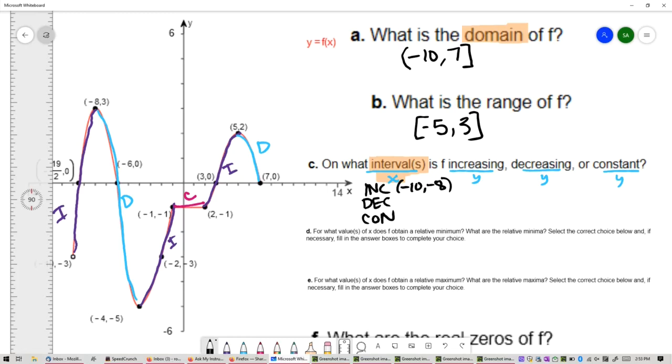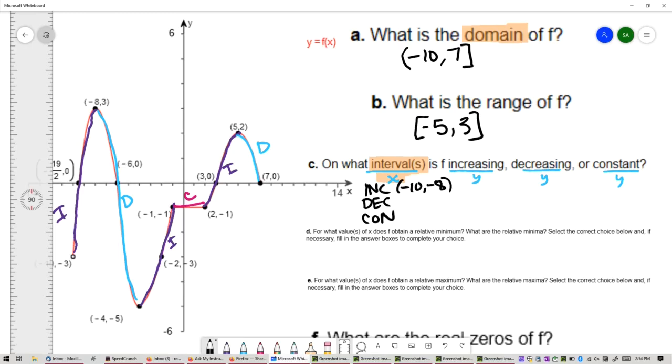However, if you were to take my pre-calculus class, they have a different source, and that source defines the intervals as being allowed to be closed, so the endpoints could be included. So other sources might use brackets on this example, but for our class, when we write down intervals of increasing, decreasing, and constant, we're always going to use parentheses on the ends.